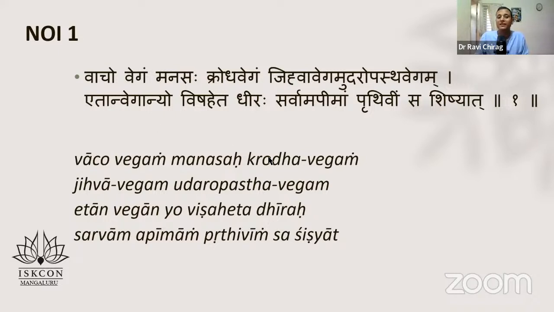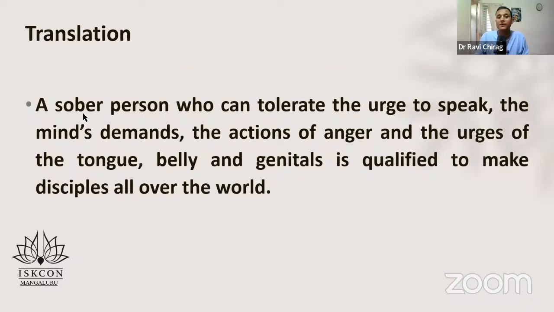So that is the six urges. The translation is: a sober person, a dhira, who can tolerate the urge to speak, the mind's demands, the actions of anger, and the urges of the tongue, belly, and genitalia, is qualified to make disciples all over the world.